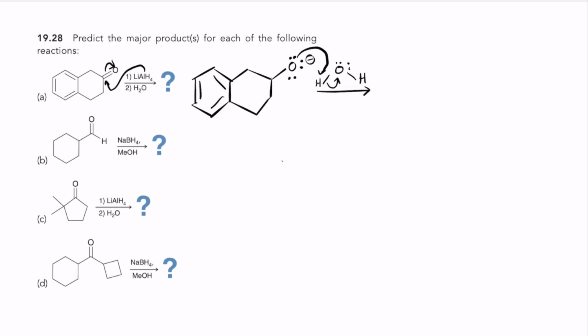So this results in the final product formation, where you end up getting an OH group on that particular carbon. This is how the reaction in general occurs. Now in the same way try to do the other reactions as well. So pause the video right here and try to find the products for options B, C and D.